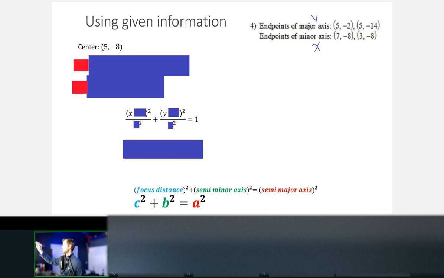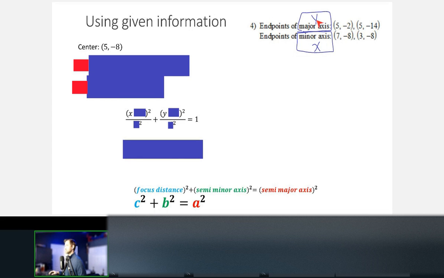And I'll just box this. So the major axis is your y direction, and the minor axis is the x direction. And we know that again because between these 2 points, the y value is what's changing. So from -2 to -14, we're going up and down for the major axis.